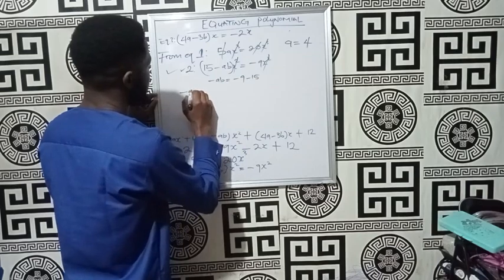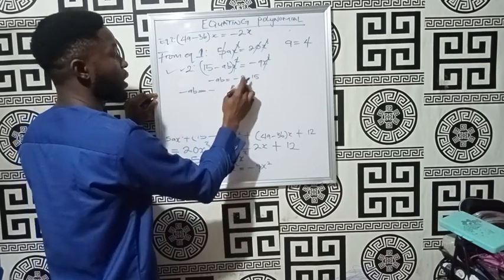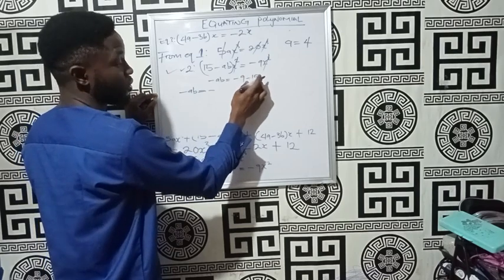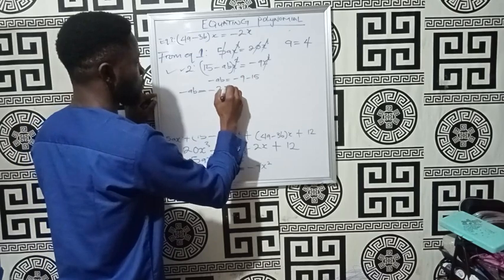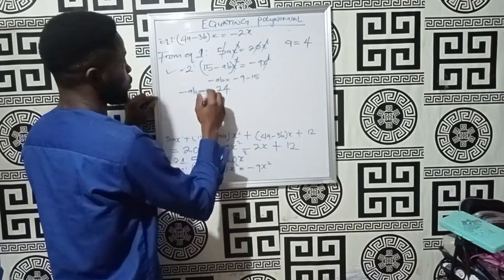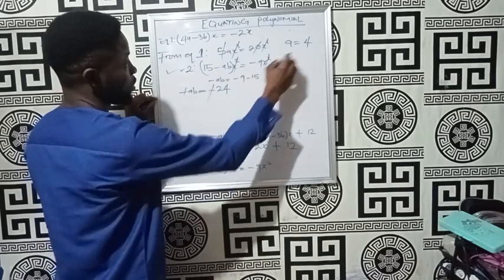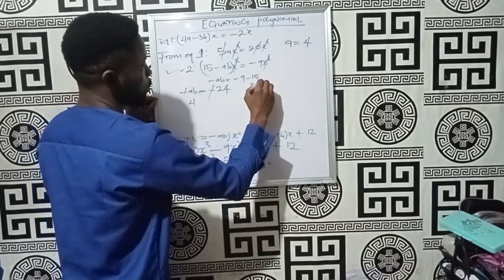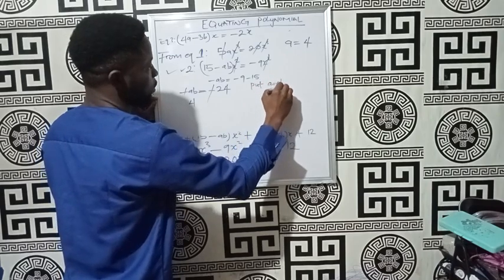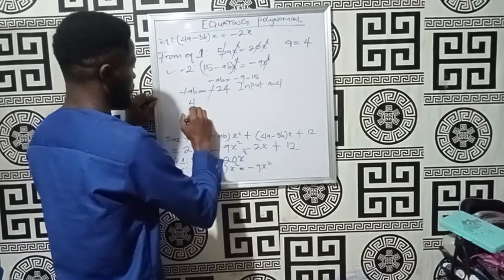So minus ab is equal to minus 9 plus 15, which is 24. So it will be negative 24. Negative goes with negative. We know a to be 4, so let's put a equal to 4.